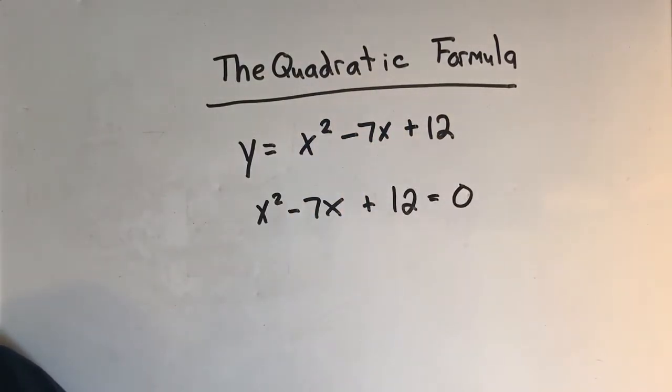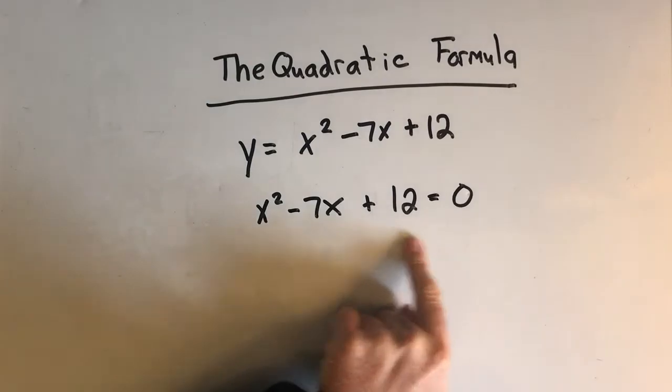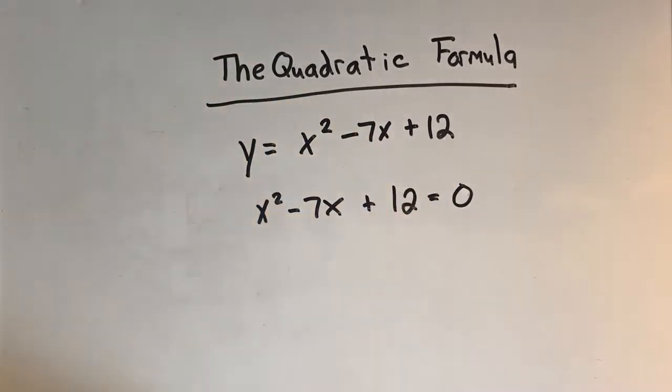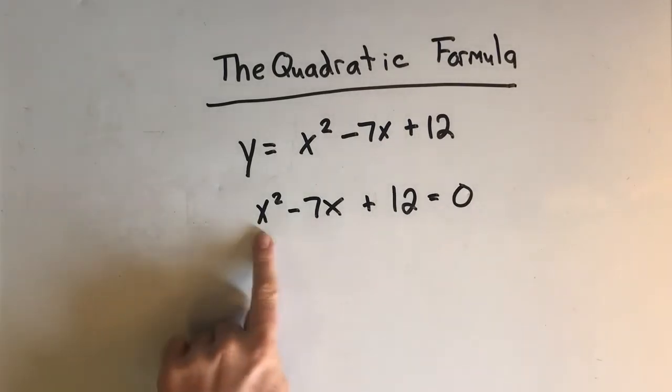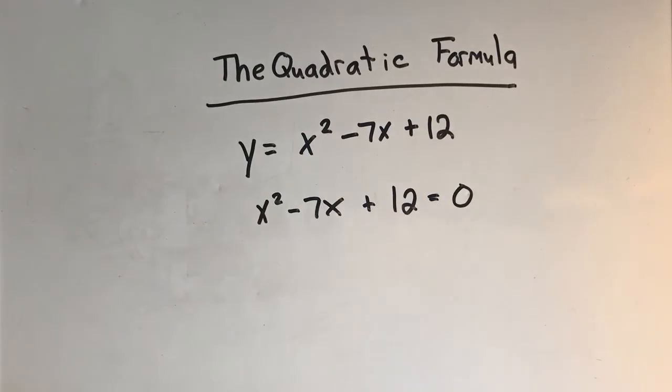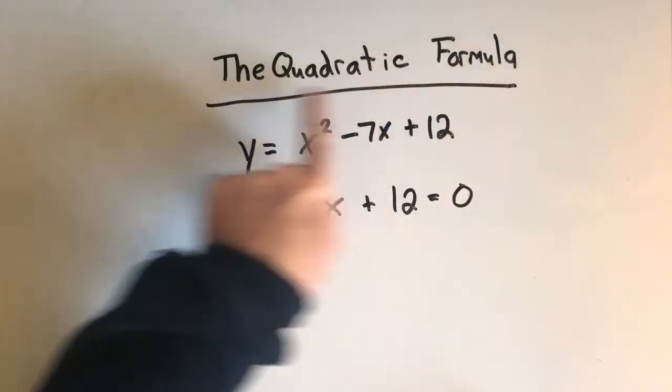Does that make sense? So all I did was bring this down and set it equal to 0. And now I need to find what the zeros are, or find where y is equal to 0. And the way I do that, there is a formula called the quadratic formula.